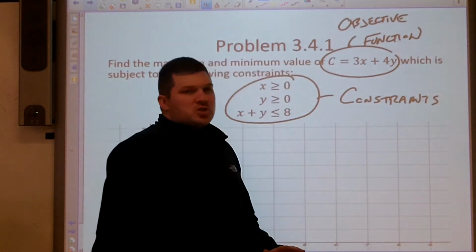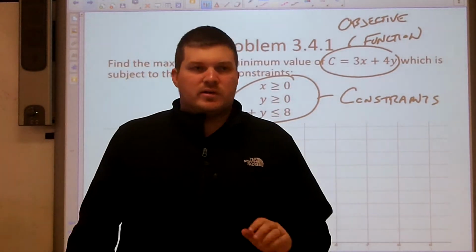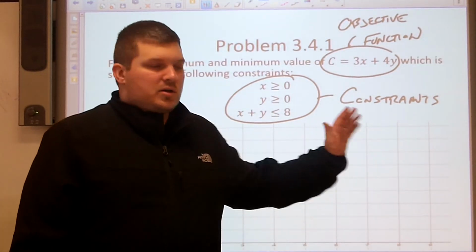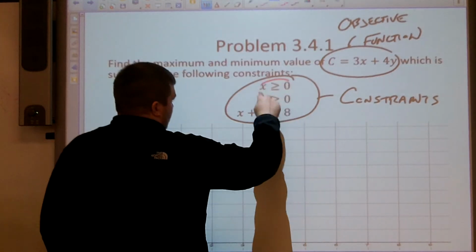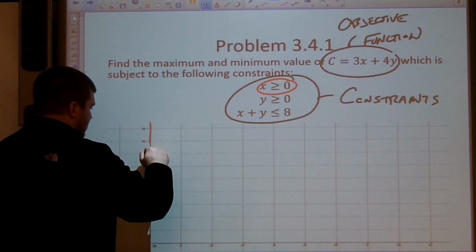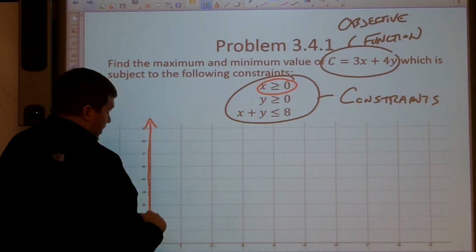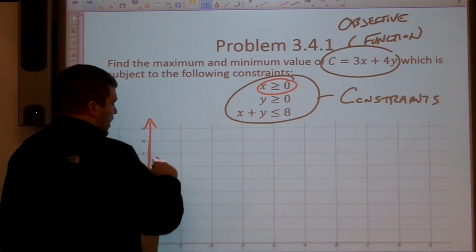All right, so what we're going to do is, just like in the previous video, we're going to graph each one of these linear inequalities. Now, I'm not going to go through the process of how do I know where to shade and all that stuff very much, because we have already talked about that previously. So for the first inequality, x greater than or equal to 0, I know that's just simply the y-axis. Okay, and it's a solid line, and I'm just going to shade everything.